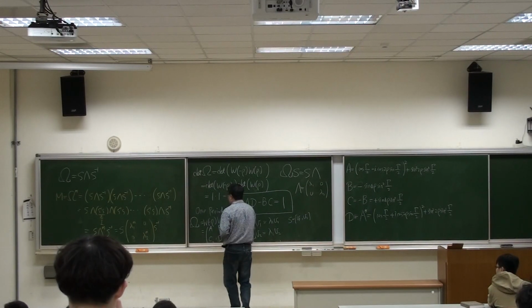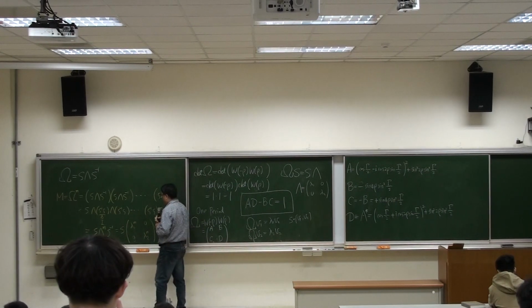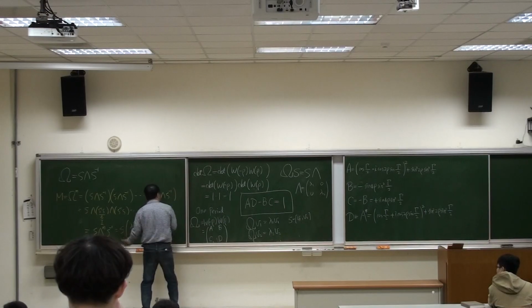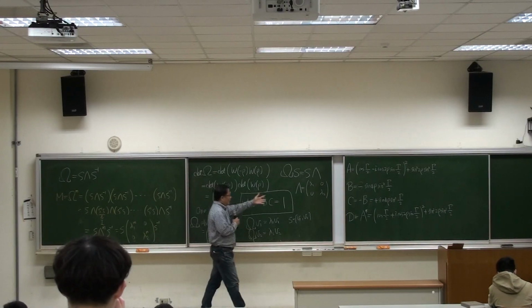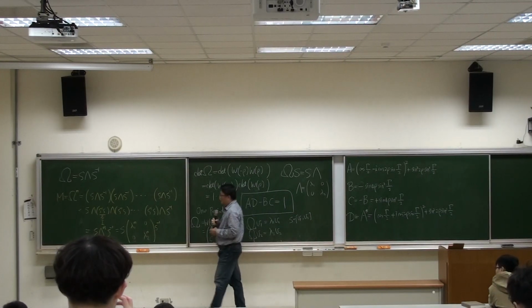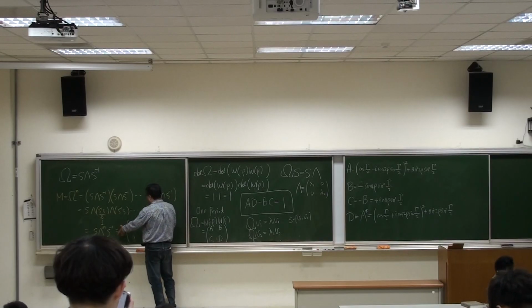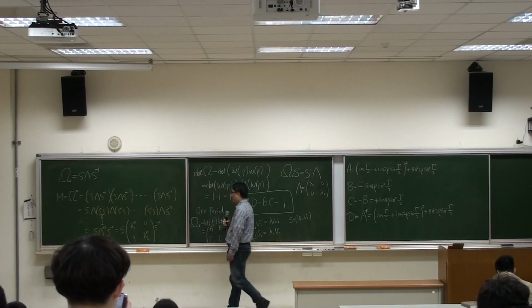However, this way is not very convenient to use because we need to find the eigenvectors v1 and v2, so that we can find the matrix S and the inverse of S. Okay.